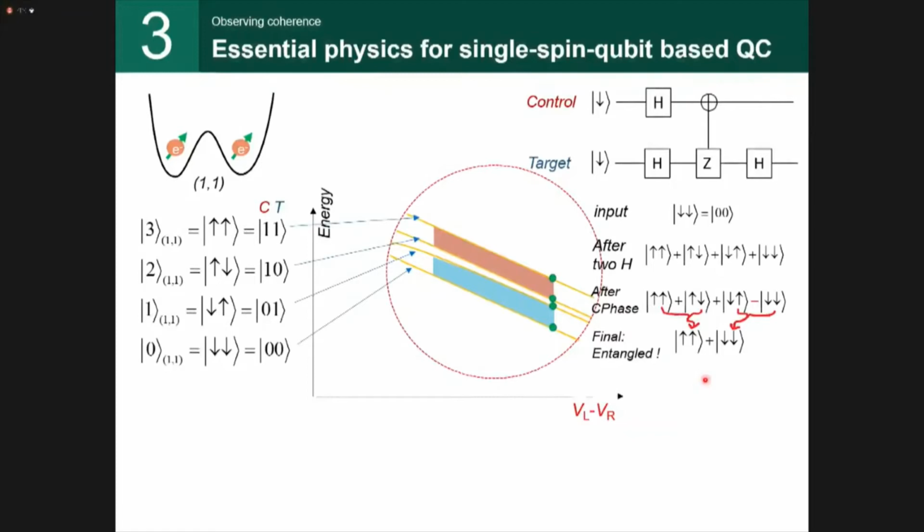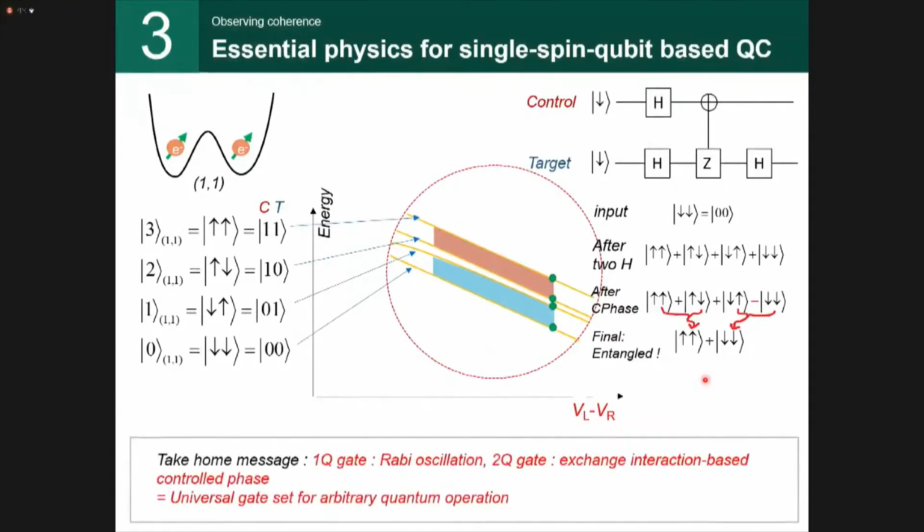So with this kind of sequence, the take-home message is that in quantum computing, a single-qubit gate is nominally produced by Rabi oscillation or microwave excitation, whereas a 2-qubit gate is nowadays most commonly done by exchange interaction-based controlled phase, by pulsing these voltages for some time.